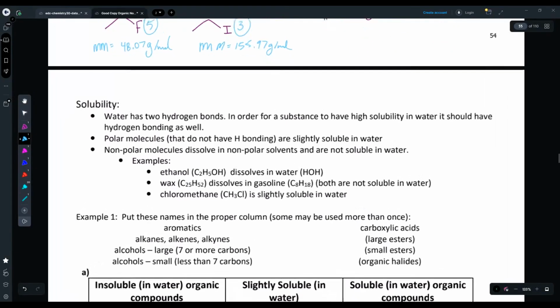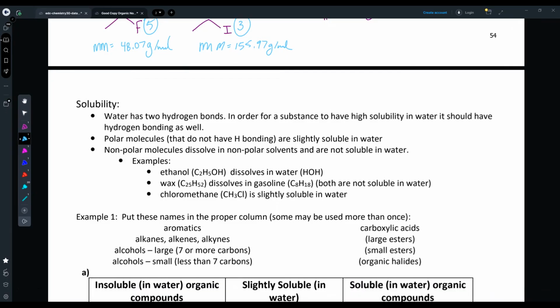All right, moving on to solubility. So water has 2 hydrogen bonds, and in order for a substance to have a high solubility in water, it should also be able to hydrogen bond. Now, some rules about solubility, which I've mentioned before, is like dissolves like. So in other words, polar dissolves polar.